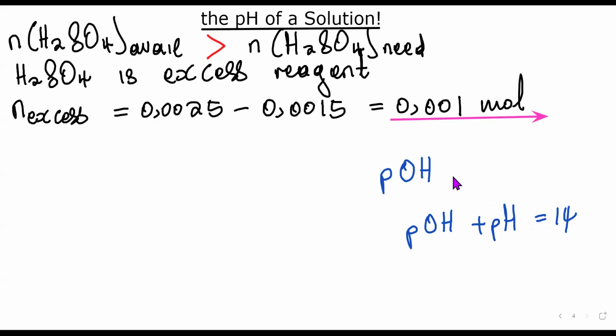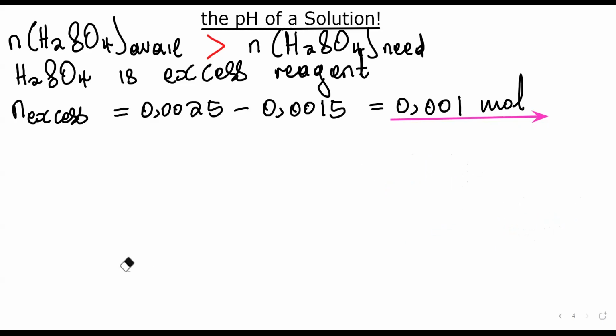Here we'll be getting straight to the pH because we can see that what is in excess is the acid. But you don't need to stress. On Monday, we are going to deal with a situation that requires us to find pOH first and then go to the pH.